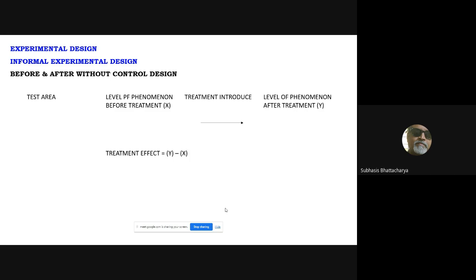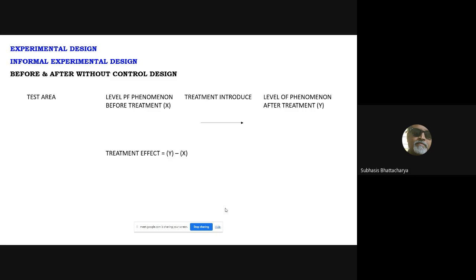And after selecting a particular test group or area, the dependent variable is measured before the introduction of the treatment. Then the treatment is introduced and the dependent variable is measured again after the treatment has been introduced.